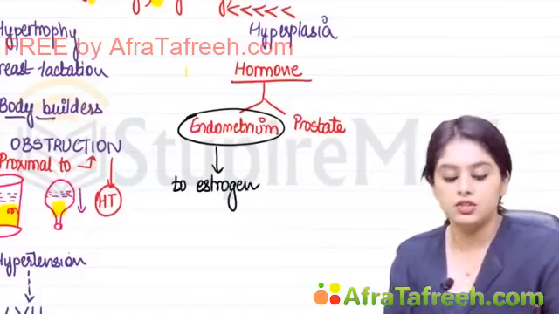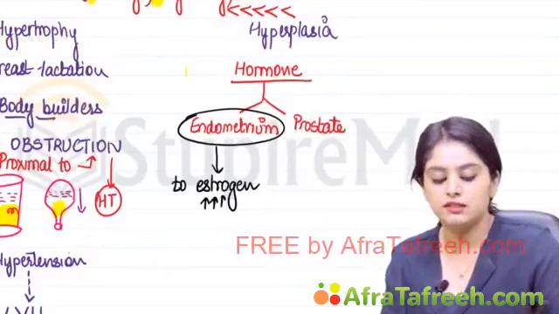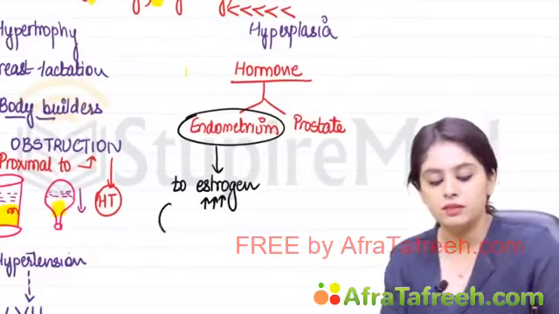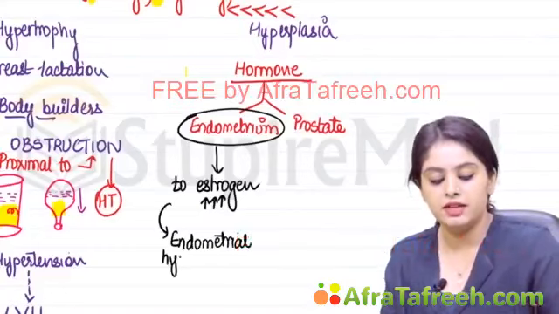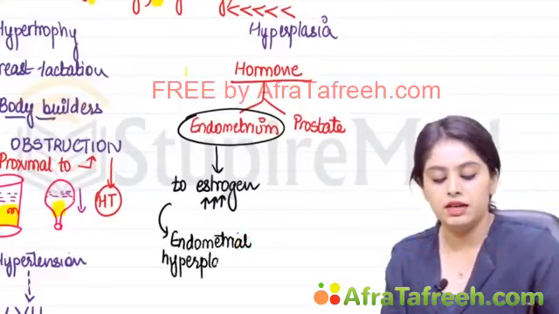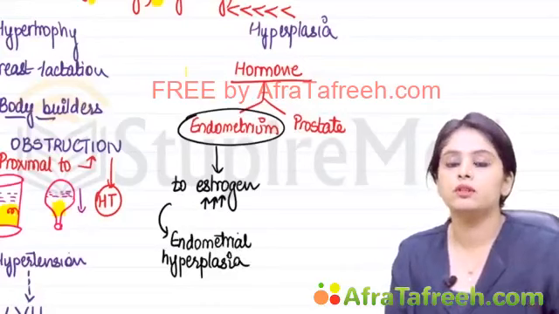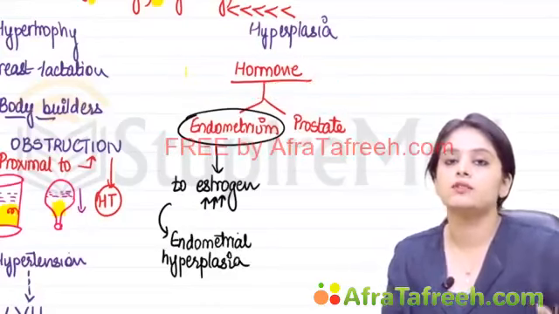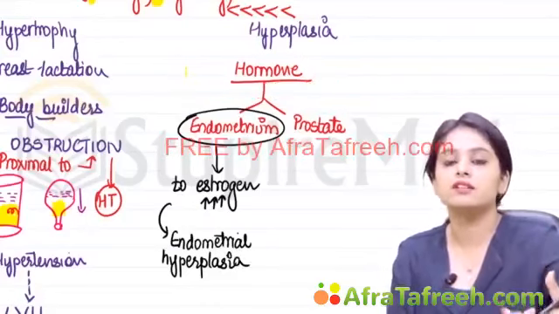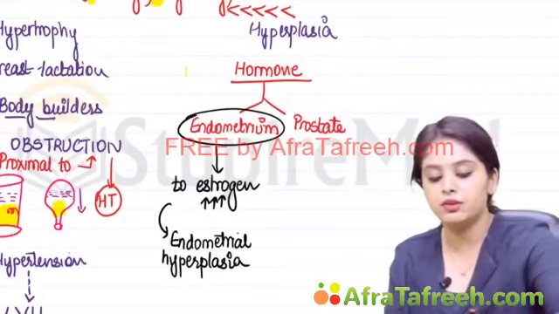So if there is any condition in which the estrogen increases, what will happen to the endometrium? There will be endometrial hyperplasia. So hormone acting on the organ will respond by increase in the number of the cells, hyperplasia. Why is this important to know?